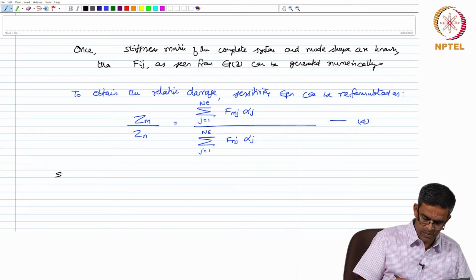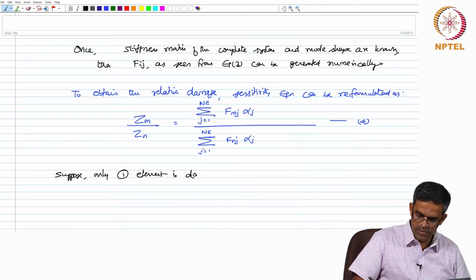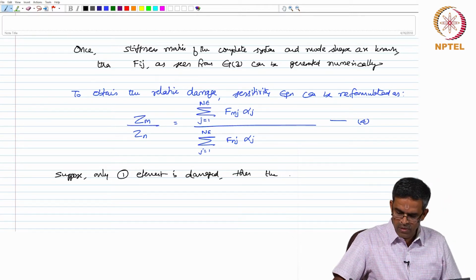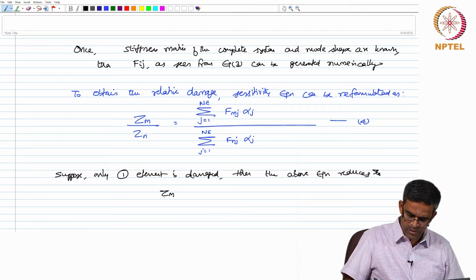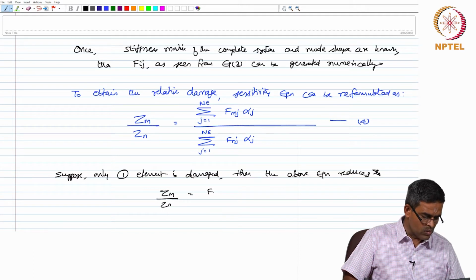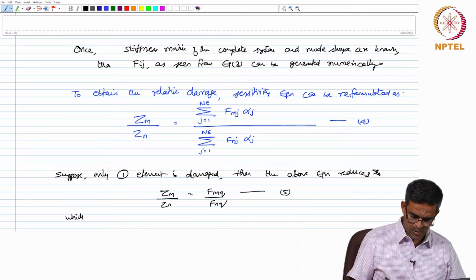Suppose only one element is damaged, then the above equation reduces to Zm by Zn is equal to Fmq by Fnq, which is unique for the qth location.